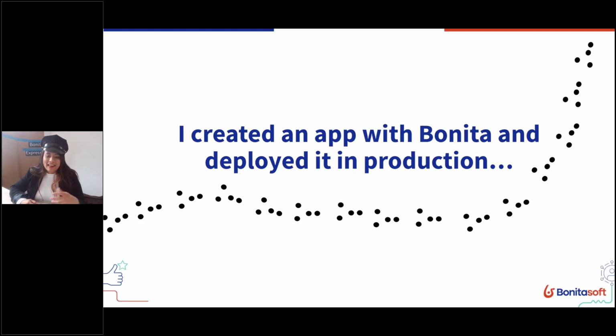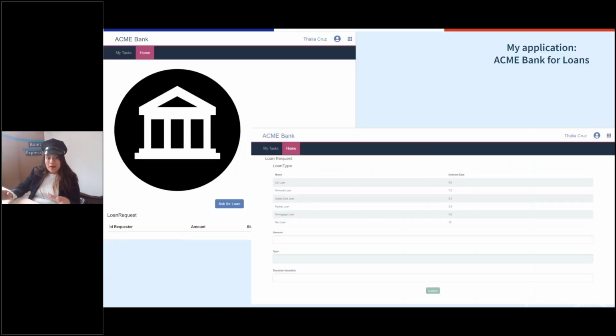If you were here two stops ago, we were at the Acme Bank, because we were trying to get some money to continue our trip. So we had to ask for a loan. The application that we did during that stop looks like this beautiful application for the Acme Bank. As a client, I was connected and I could request a loan.